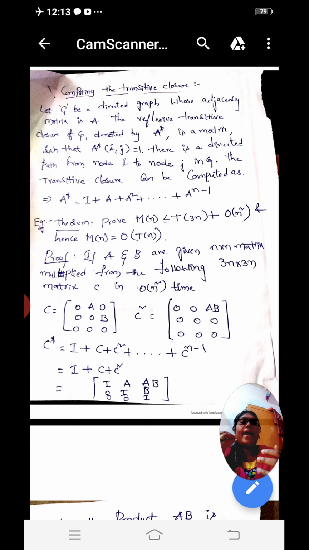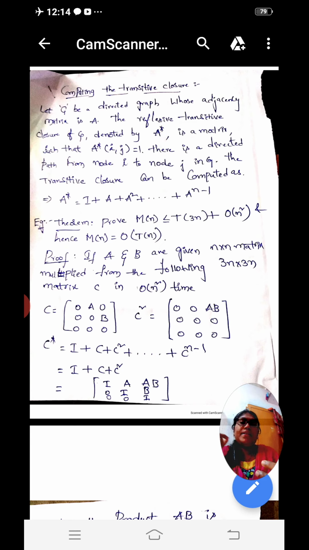This is nothing but the identity matrix plus A, whatever 3 by 3 matrix we take, plus A square, and so on, up to A power n minus 1.